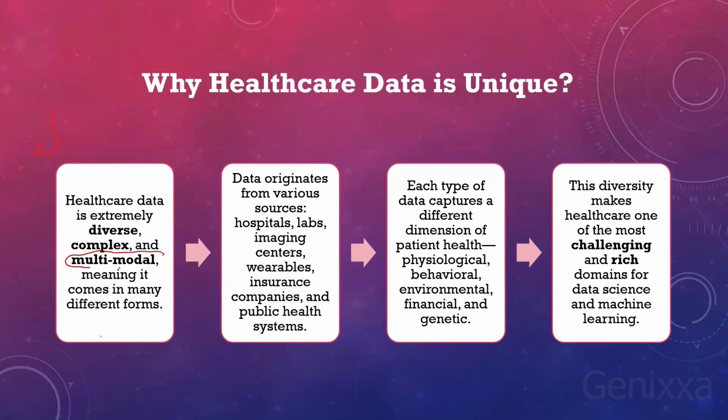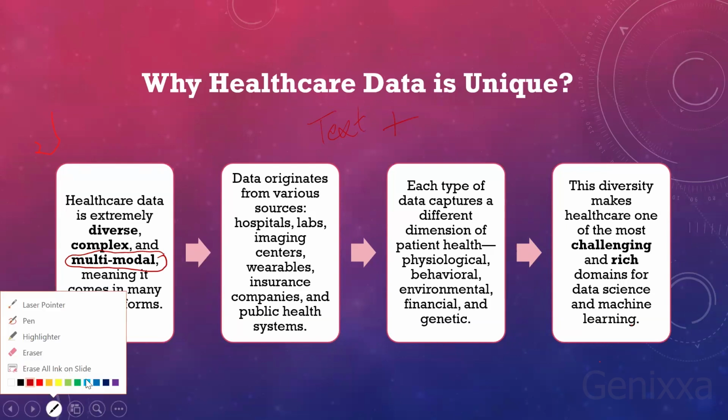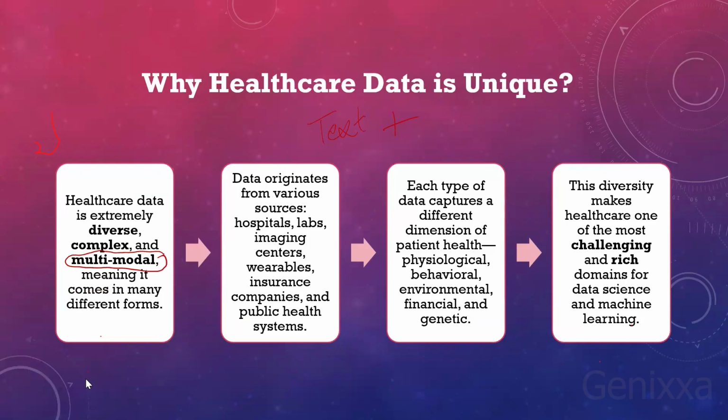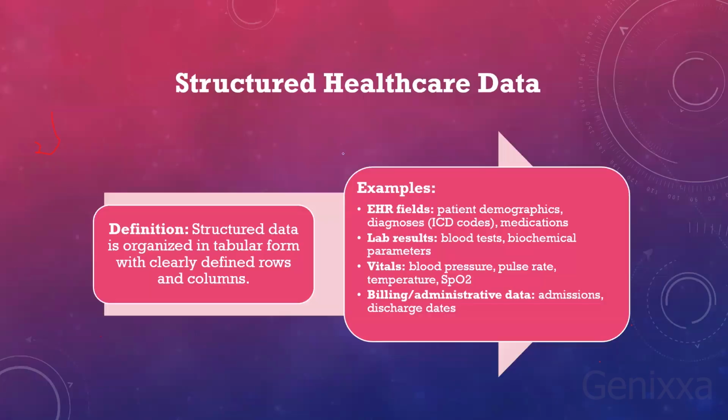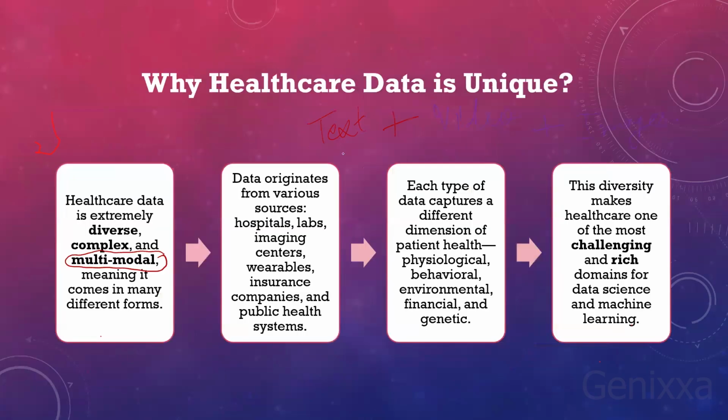What we call multimodal is when you have a combination of data in different forms, like a combination of text plus maybe videos, maybe images. If everything is all together, text, maybe videos, plus maybe images, that becomes multimodal data, where different modalities are involved.